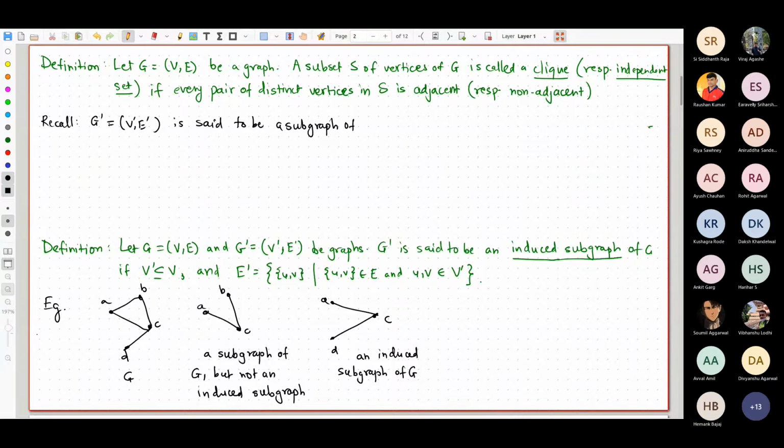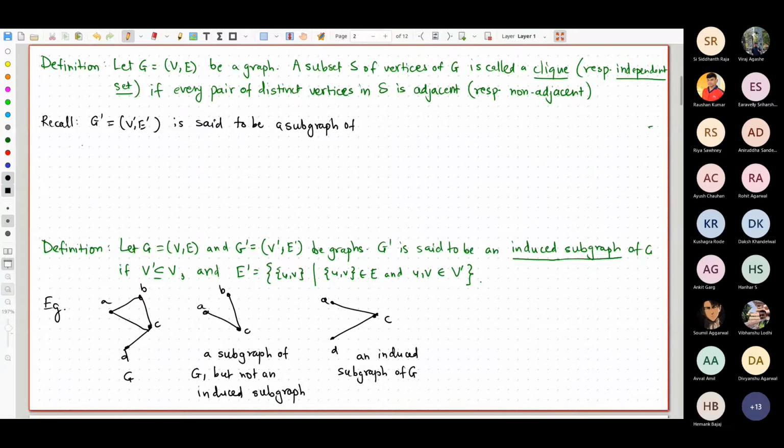I think the way I said is, suppose G prime equal to (V prime, E prime) is a graph, then it is said to be a subgraph if V prime is a subset of V and E prime is a subset of E. Okay, sir, thank you. So then that makes sense, no? Yes. I'll go back and check what I wrote exactly in that slide, and if necessary, I'll fix it.